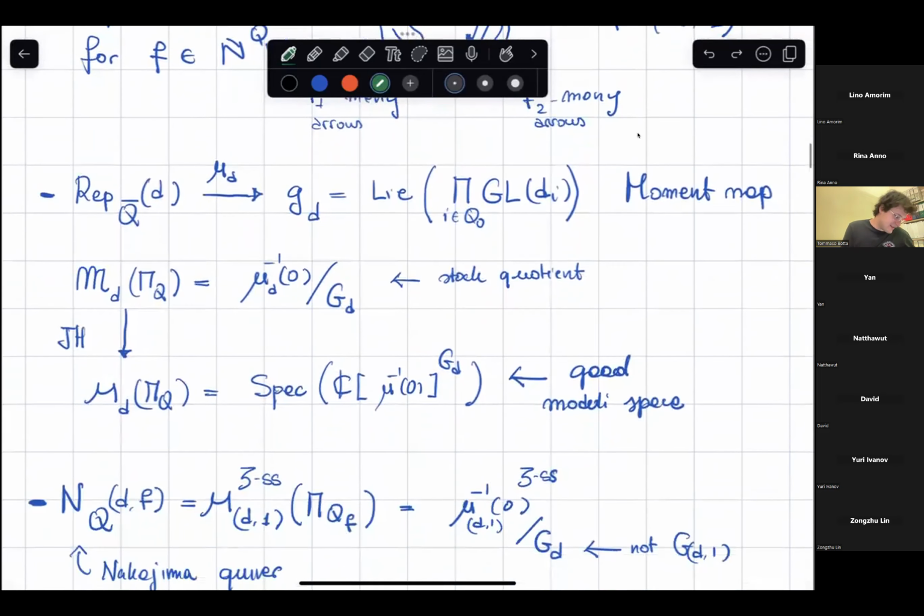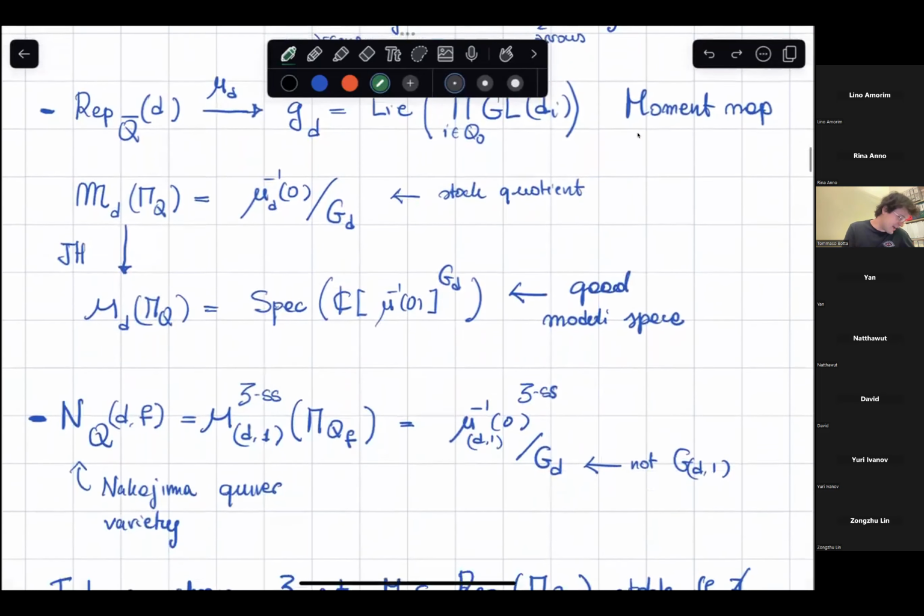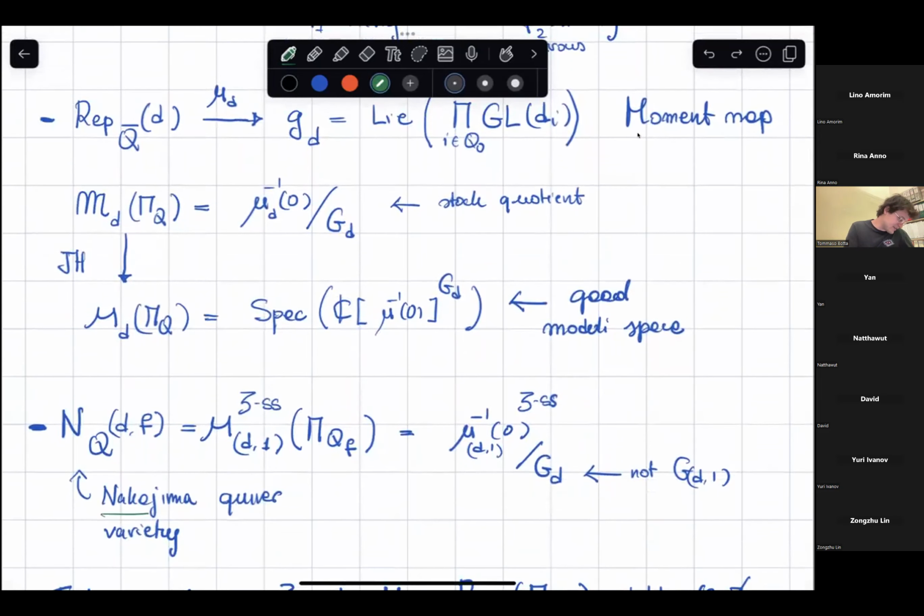Okay, and the other ingredient I need to define is the Nakajima quiver variety. So for me, the Nakajima quiver variety will go with the letter N. I'm not sure this equality is really, I mean, it's natural, but maybe I don't know if you have ever seen it.